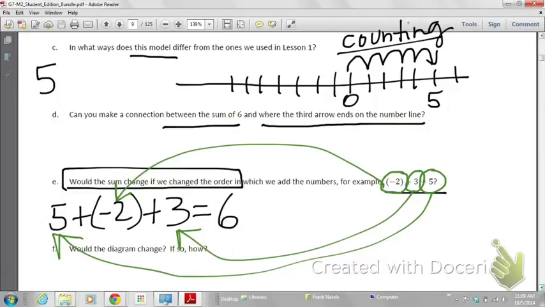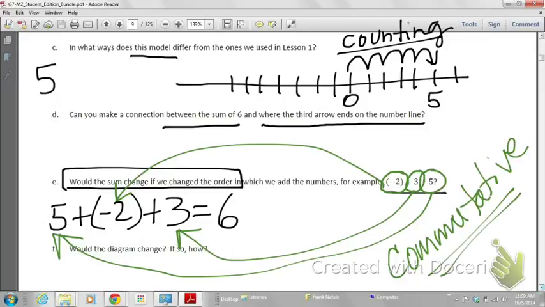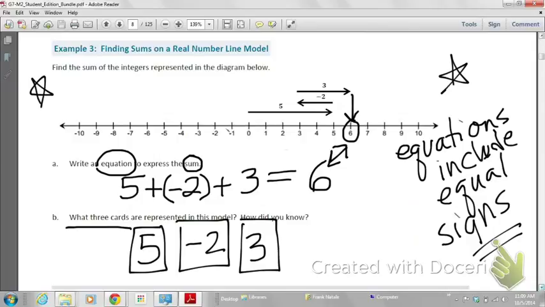The sum would not change because of the commutative property, which we had talked about already and defined on the terminology page. It does not matter the order. Let's do this new problem.